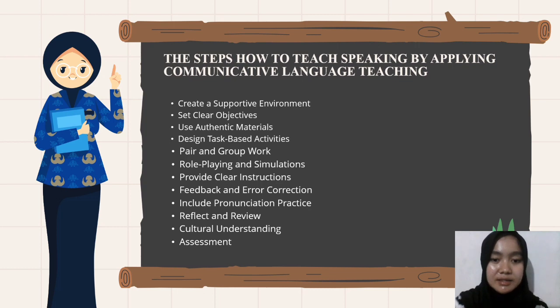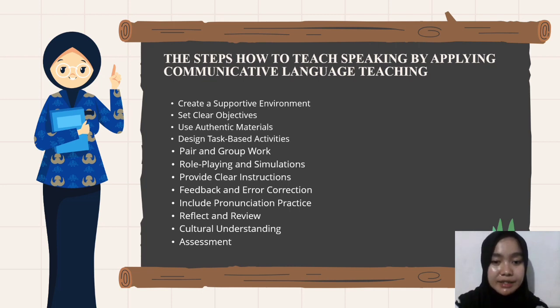Number 6, role-playing and simulations. Use role-playing and simulations to create scenarios that mimic real-life situations. This helps students practice using the language in context, improving their ability to communicate effectively.